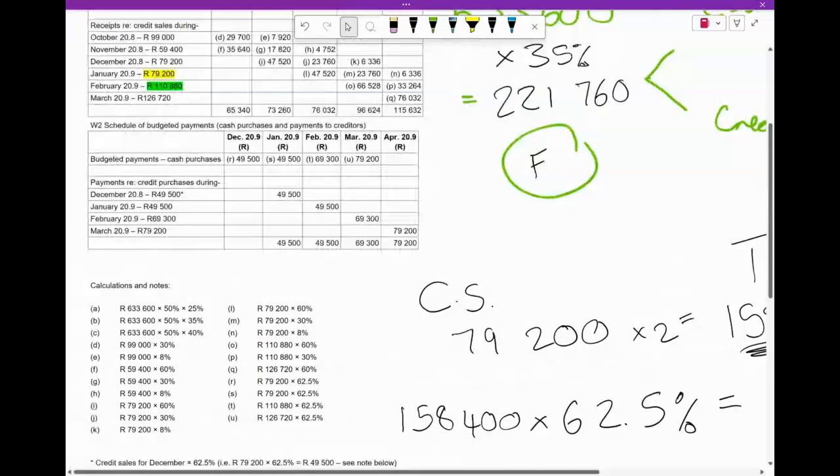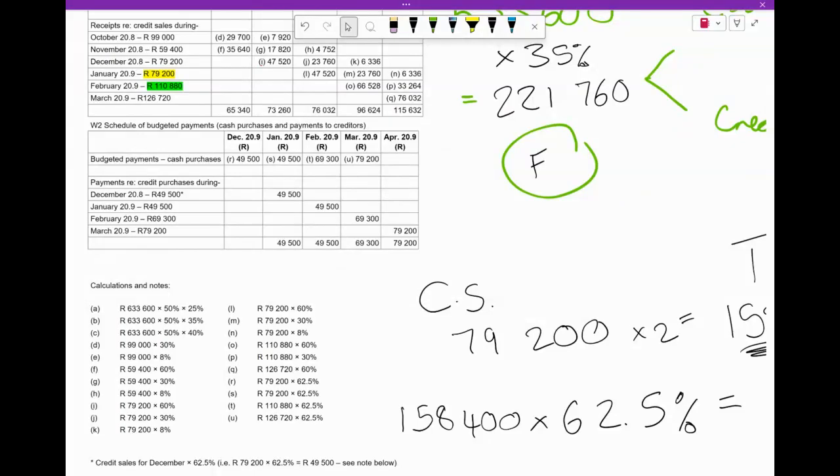So, in order for us to calculate our purchases, going back to the information they gave us, they never told us how to get our purchases. We had to decipher this information. They only spoke to cost of sales. Remember, cost of sales is how much we purchased our inventory.